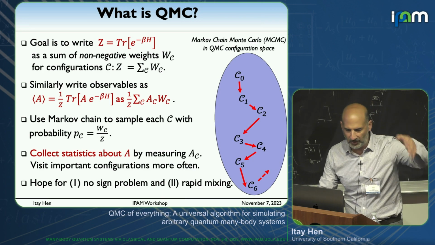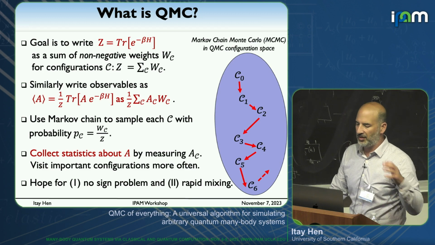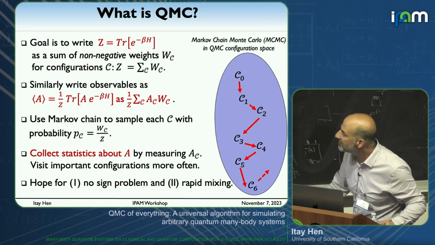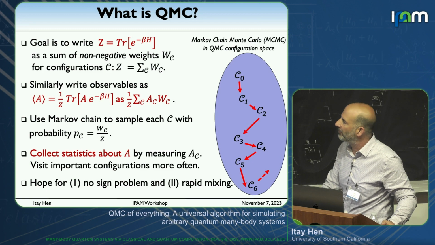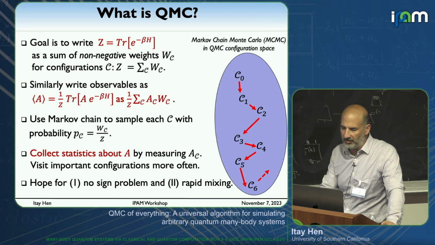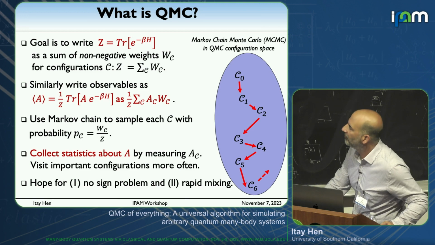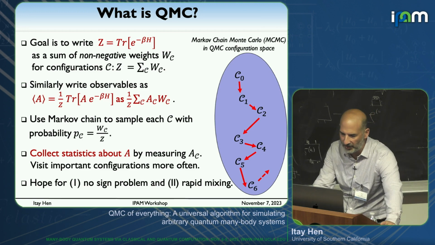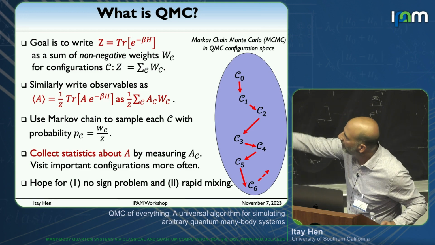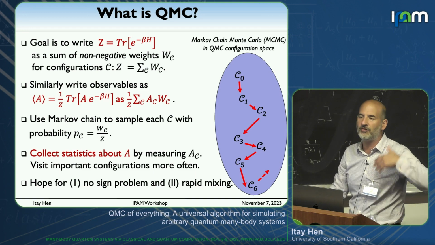If they're negative, then we have the sign problem. There could be many, many weights. We want them to be positive, and importantly, they need to be easily computable. And if we can write the partition function as a sum over weights, and the C here, the subscript C, is for configuration.